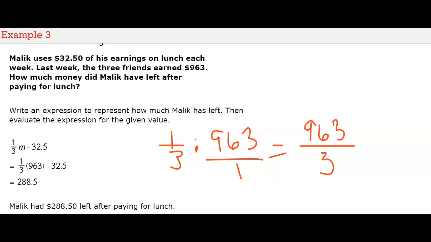So anyway, 1/3 times 963, 963 divided by 3 is going to give us $321, but we have the remainder of the expression to evaluate, which is minus 32 and 5/10. So we subtract 32 and 5/10, and that's how we get to the final answer of $288.50. So Malik will have $288.50 left after he pays for his lunch.